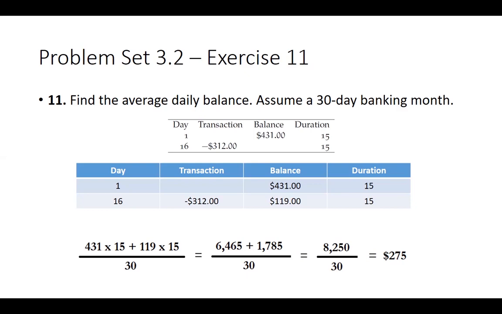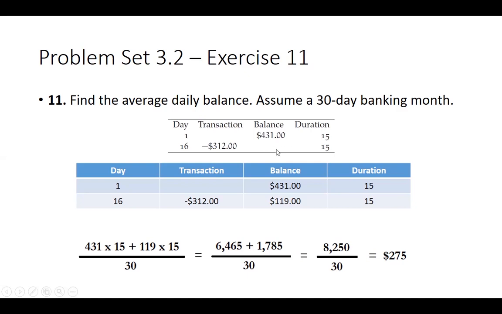In number 11, we're asked to find the average daily balance, and we're assuming a 30-day banking month. We're given that on day 1, there was a balance of $431, and it stayed that way for 15 days. On day 16, there was a transaction subtracting $312, and it stayed that way for 15 days.